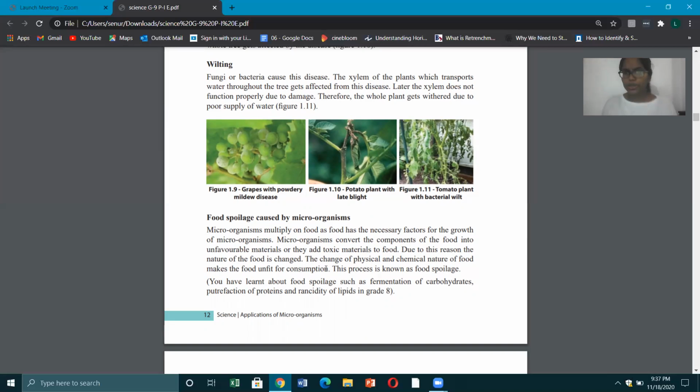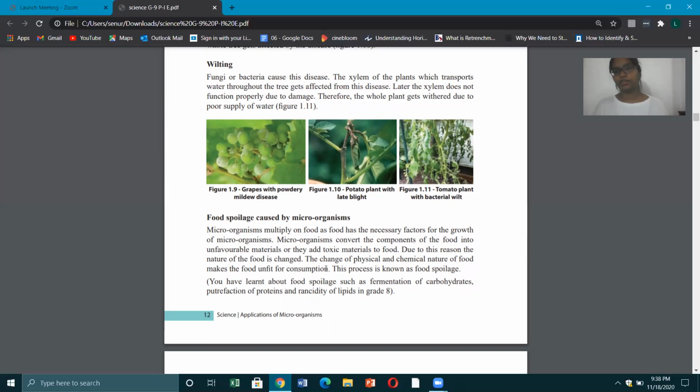I'm sure you all know it, okay? Phloem tissue is the tissue which is being used to transport minerals throughout the body. So it's inside the plant, like we have tissues, plants have tissues. Xylem tissue is being used to transport water, whereas the phloem tissue is being used to transport minerals throughout the body. So now what happens in wilting is that the xylem of the plants which is being used to transport water throughout the body gets affected.